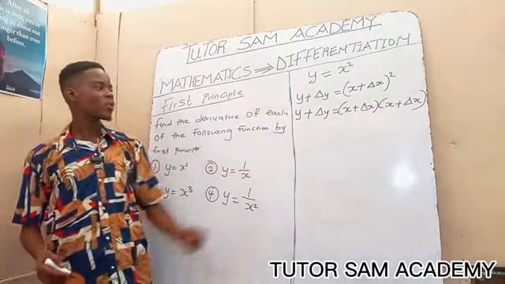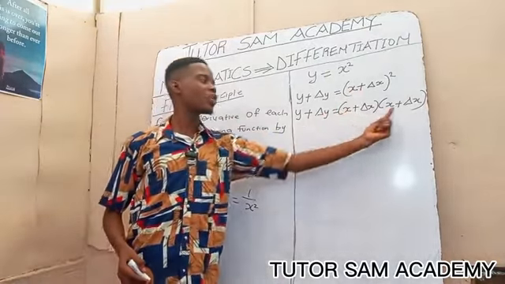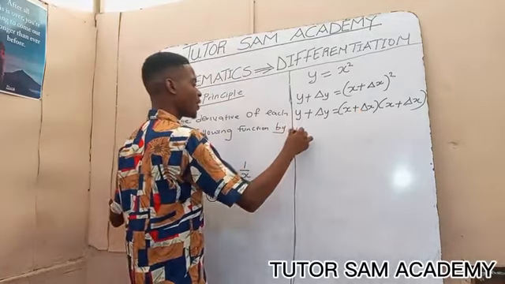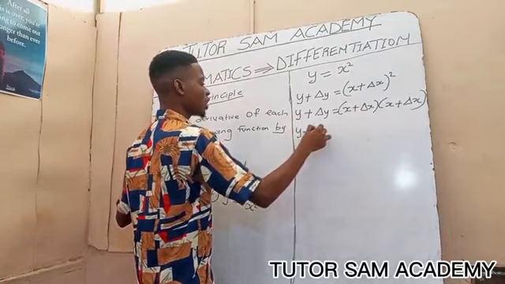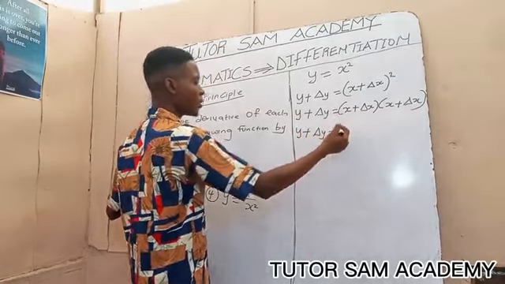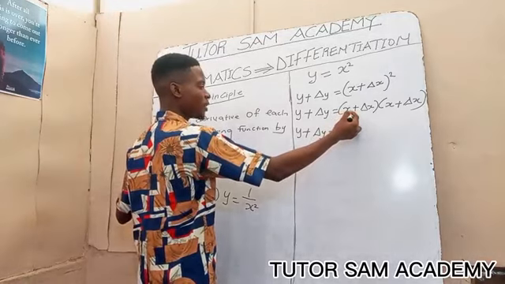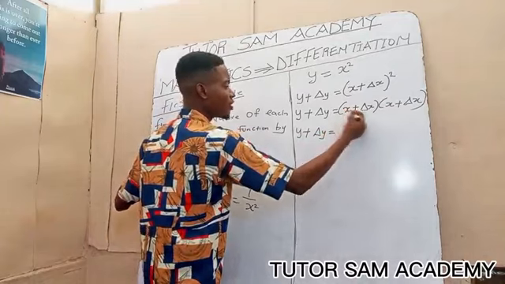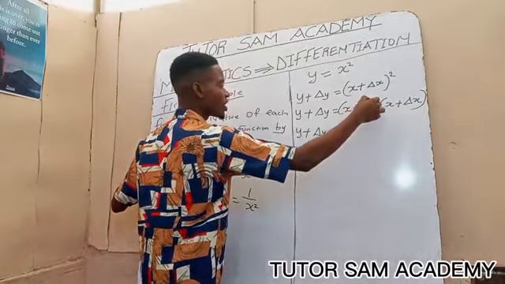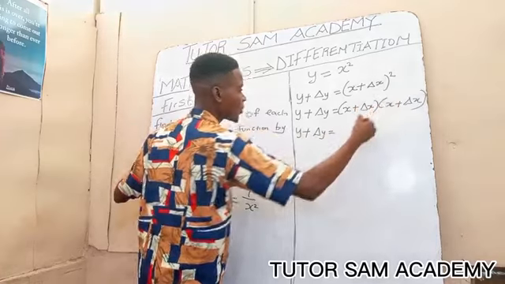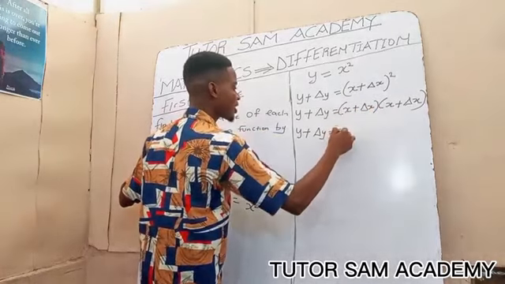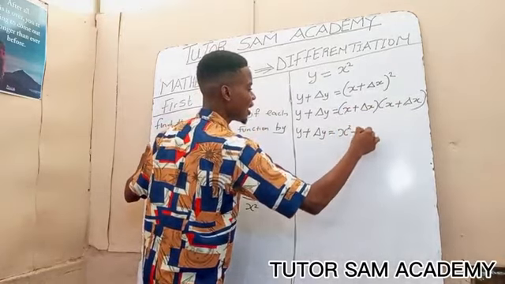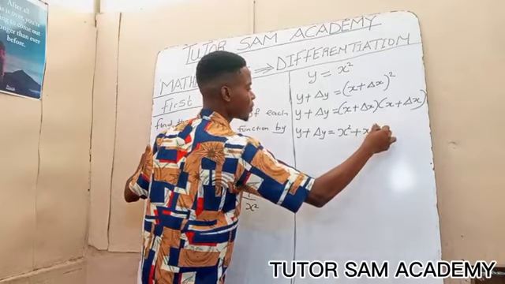Expansion means you use the first one to multiply the last one, use the second one to multiply the last one. x multiplied by x is x squared. x multiplied by change in x is x change in x.